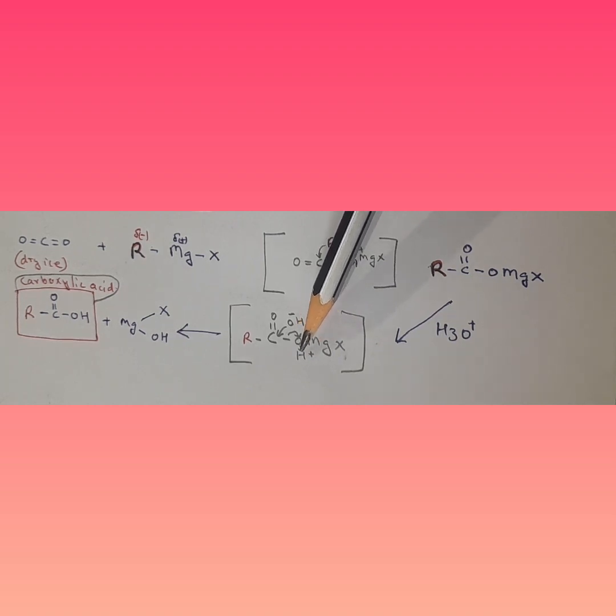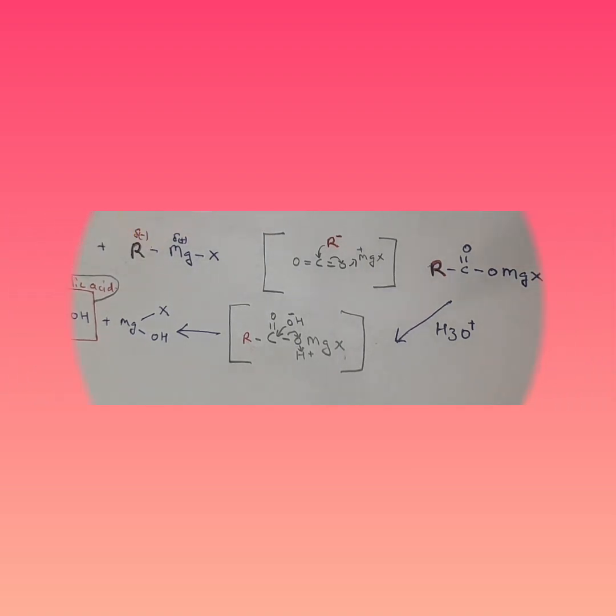So this becomes MgXOH, and this becomes R-C double bond O-OH, carboxylic acid. So from dry ice, using Grignard reagent, we can generate carboxylic acid. R obviously is the alkyl group.